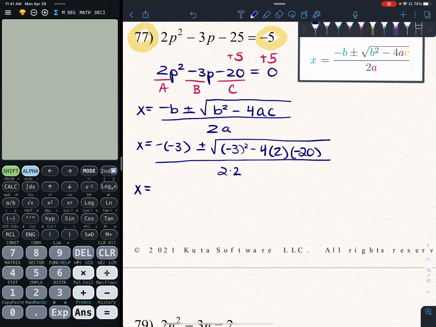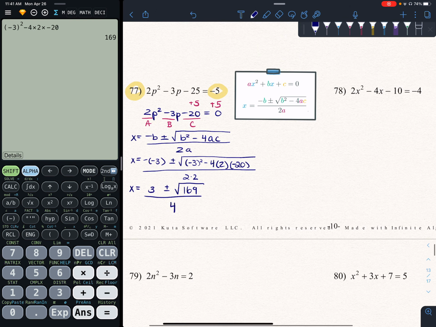So this negative 3, that's going to become positive 3 plus or minus the square root of, so here we have 9. And we could show all the steps, right? We can do negative 3 squared, that will give us 9, minus 4 times 2 times negative 20. And that's going to give us 169. Over, and then 2 times 2, that's 4.